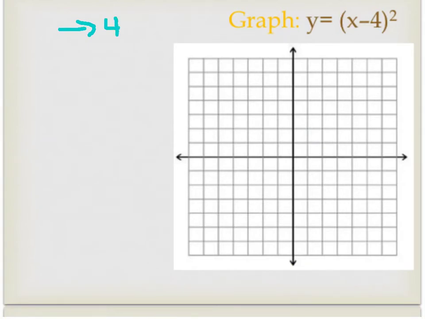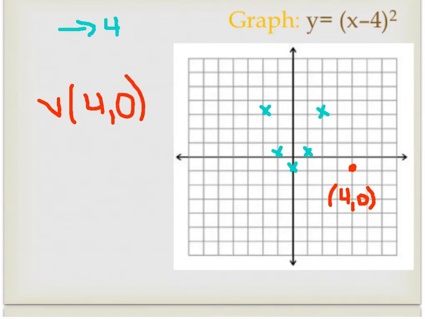So my parent function points were shifted right 4, moving my vertex to 4, 0, which is where it should be, right? Because h is 4, k is 0.